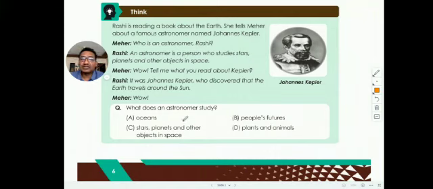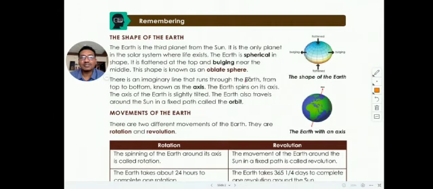Yes, astronomers study stars, planets, and other objects in space. By now, you understood what is an astronomer, who is an astronomer, and what does an astronomer study. Now let's see the shape of the earth.